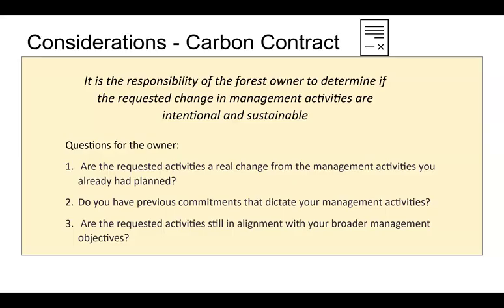That's why it's important to disclose any other obligations to the project developer upfront. Most won't be a problem, but they do need to be on the table. Financially, make sure any requested changes, like delaying harvest or improving the stand, still align with your broader goals for the land. If it does not fit your vision, it probably won't be sustainable in the long run.